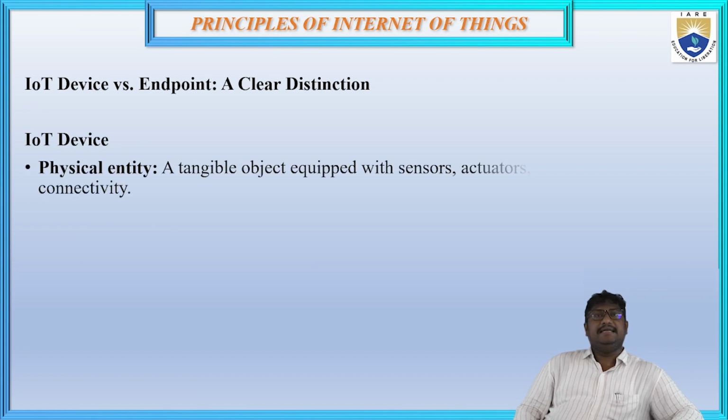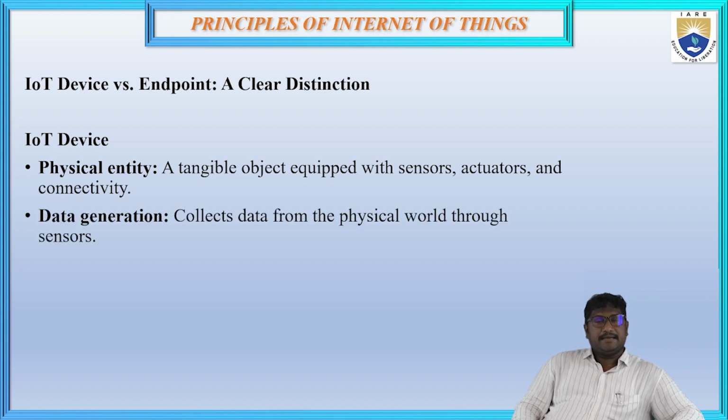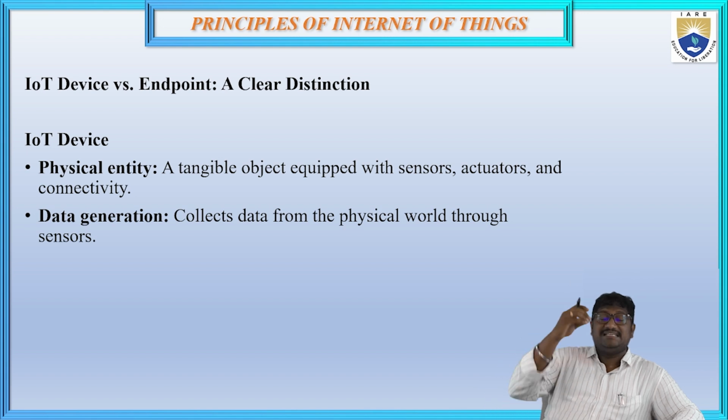The IoT device is a physical entity, a tangible object equipped with multiple sensors, actuators, and connectivity. For data generation, I collect data from the physical world through these sensors.